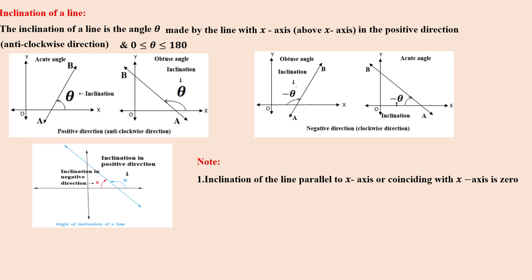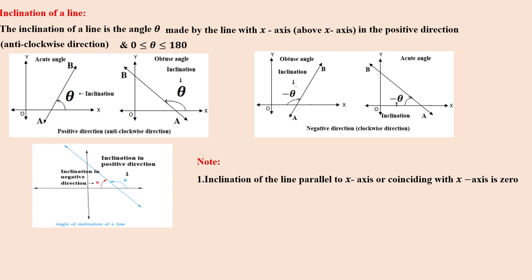First note, the inclination of a line parallel to the x-axis or coinciding with the x-axis is 0. Suppose the x-axis and that line coincide, then there will be no angle, right? So inclination is 0.